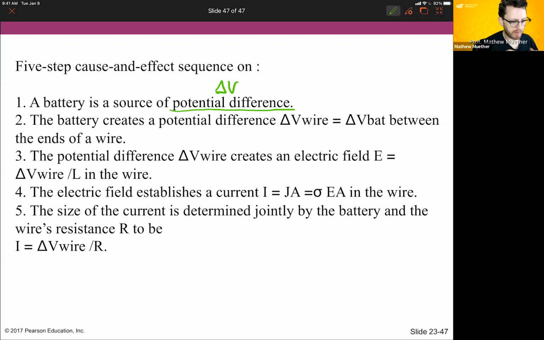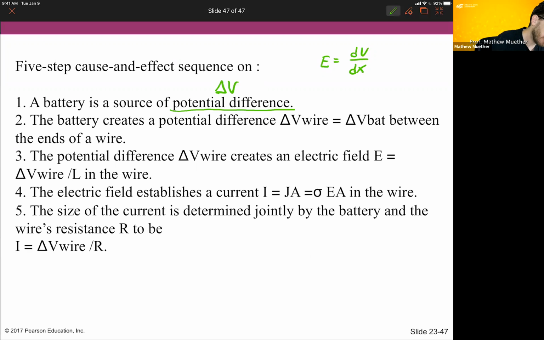Why? Because variations in potential, dV/dx, lead to electric fields, and I'm going to need an electric field to push charged particles through the wire to generate a current. So the first thing is I need a potential source.